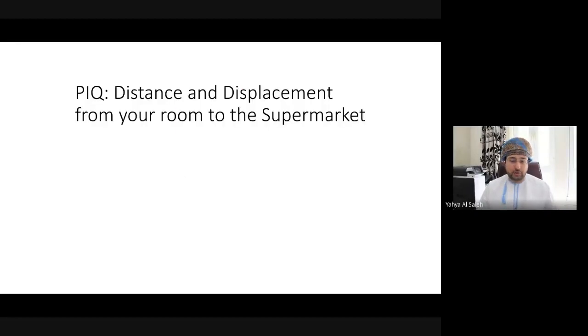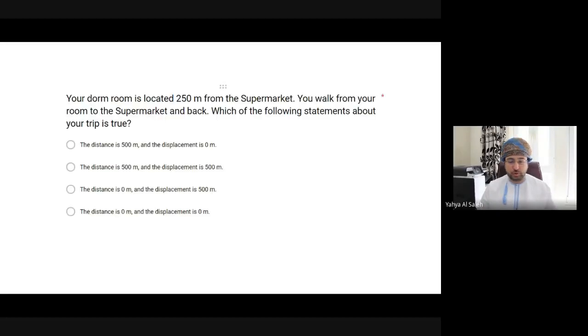Let's see if we have understood this. Distance and displacement from my room to the supermarket. My room is located 250 meters from a supermarket. I walk from my room to the supermarket, I come back. My distance is 500, displacement is 0.